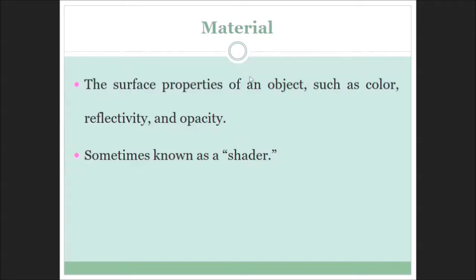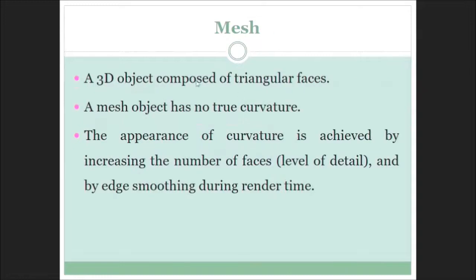Material, the surface properties of an object such as color, reflectivity and opacity, come under material, and they are also known as shaders sometimes. Mesh, a 3D object which is composed of triangular faces. A mesh object has no true curvature, right? So the appearance of curvature is achieved by increasing the number of faces, that is the LOD, level of detail, and by edge smoothing during render time.